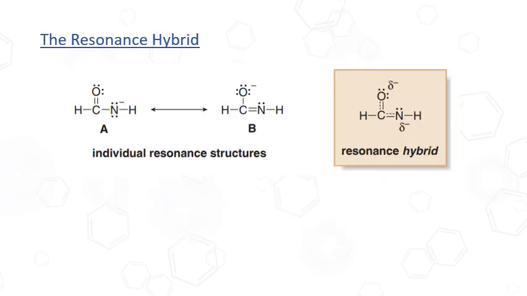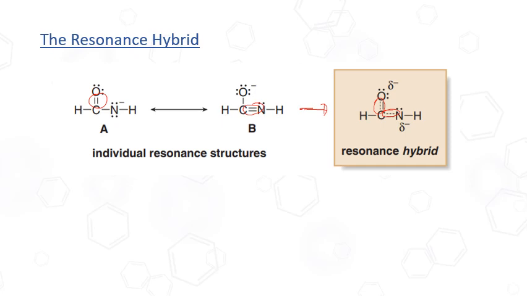So what does the composite or hybrid look like? In this example, you have these two, A and B, as the contributing structures for this particular species or ion. If you combine them and come up with a hybrid structure, notice the broken lines. That tells you that these double bonds aren't exactly double bonds, but that your electron pairs are continuously moving between these two.